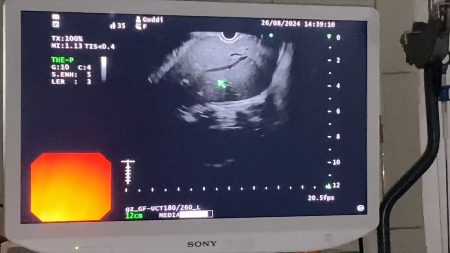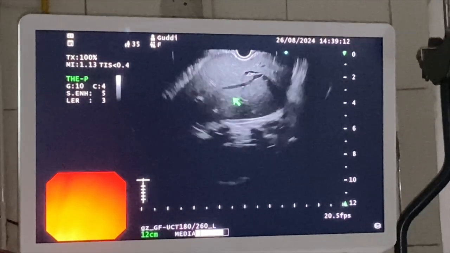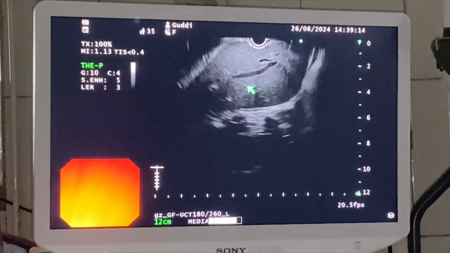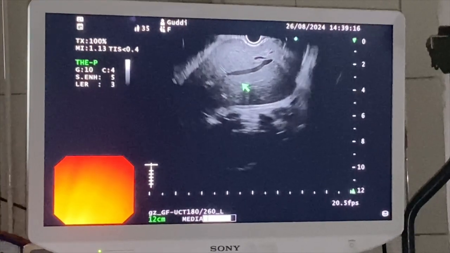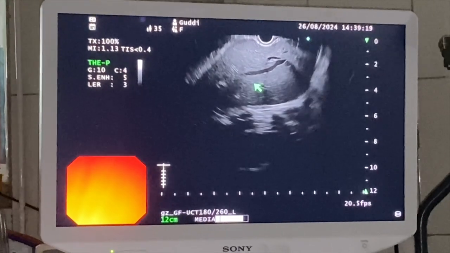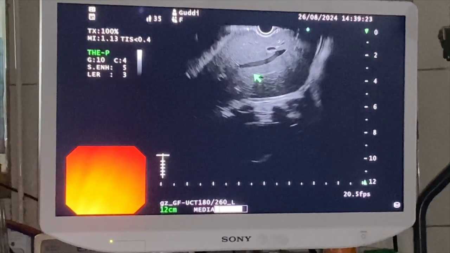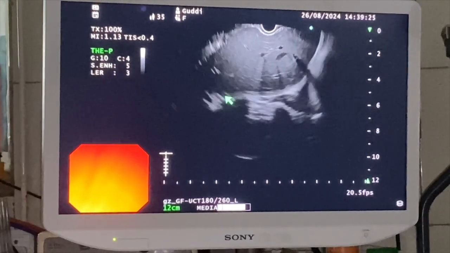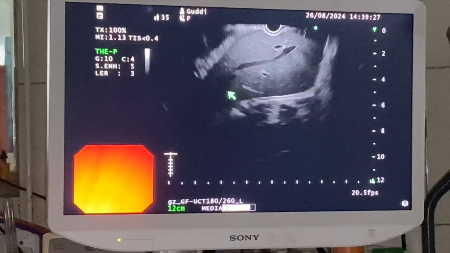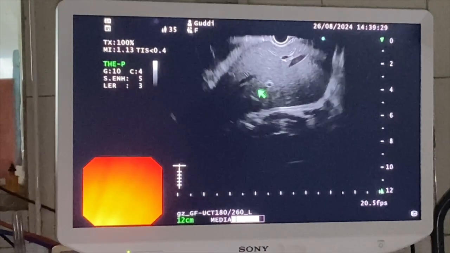So left hepatic vein, segment 2 above, segment 3 below, and 4B at the distal most part of the segment 3 here. This is segment 4. This one segment 4B.